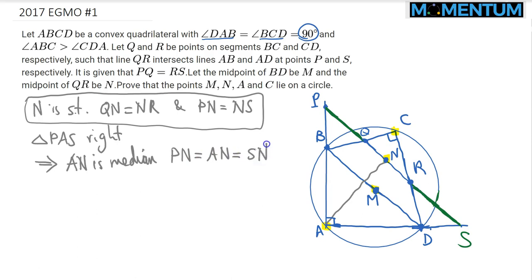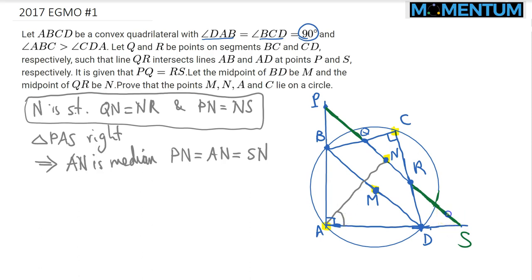This is a property of a right triangle, right? So the median AN has this very nice property. But then that implies that PNA is an isosceles triangle, as is SNA. They are both isosceles.